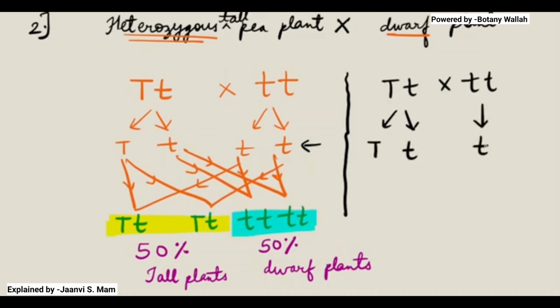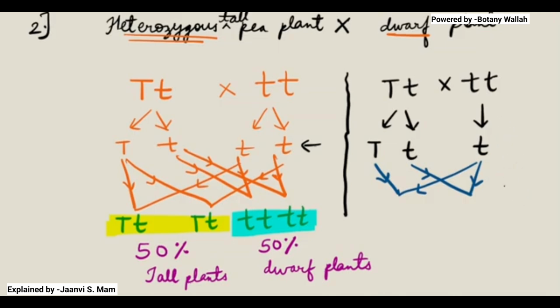Here I am taking just small t, since these two gametes are similar. So let's solve. Let's take capital T with small t, small t with small t, and we will show the arrows. Here it is fusion of gametes. These are gametes formation. This is fertilization.